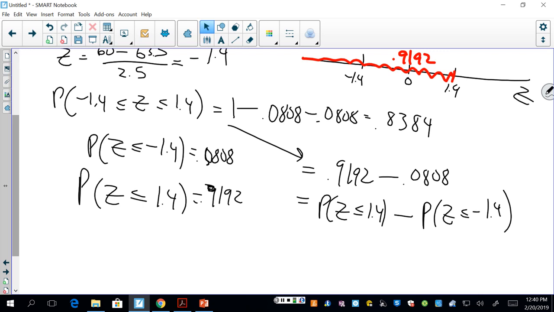So about 84% of the women, if this normal distribution really describes the distribution of heights, would be between 60 and 67 inches. Any questions about it?